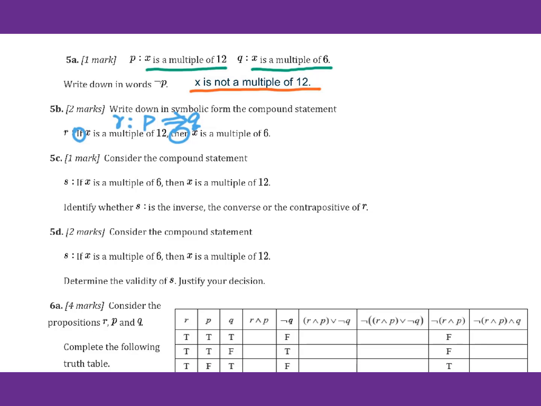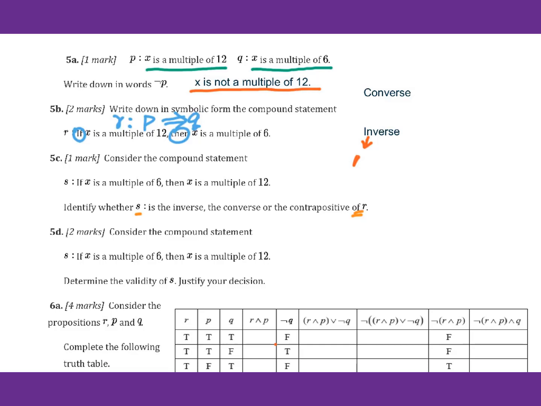5C. Consider the compound statement S: if X is a multiple of 6, then X is a multiple of 12. Identify whether S is the inverse or converse or contrapositive of R. You have to remember the difference between converse and inverse.